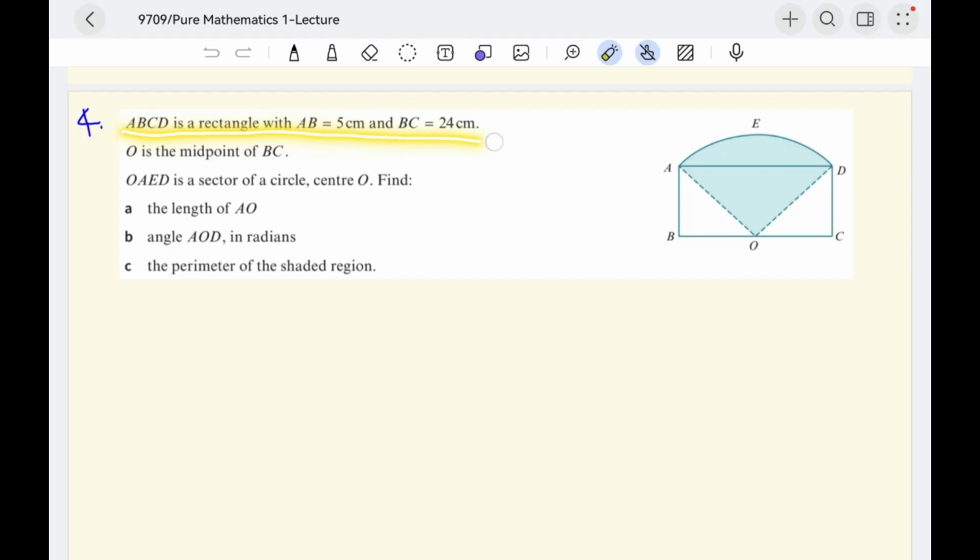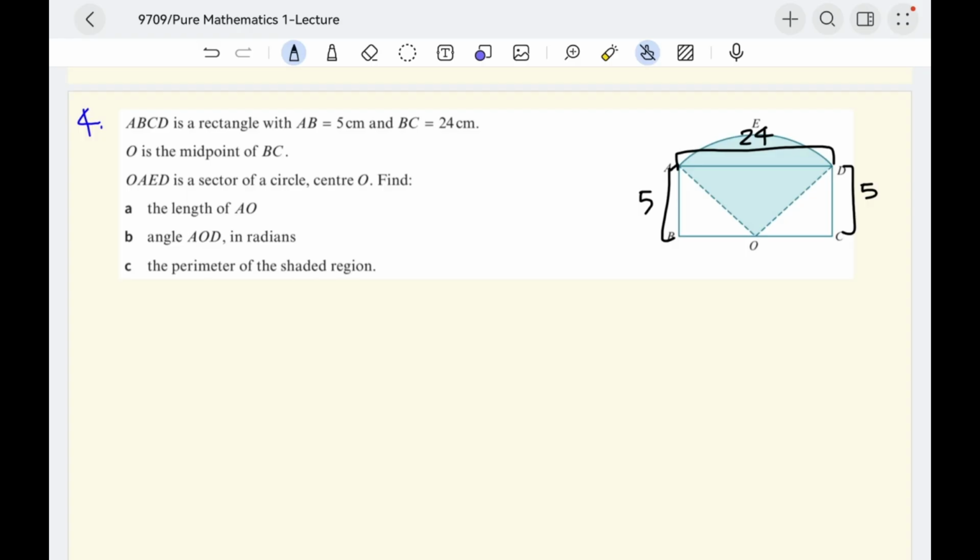Let's absorb the first information. AB is 5 cm, which means that CD is 5 cm, since ABCD is a rectangle, a quadrilateral. And BC is 24, which means that AD is also 24.